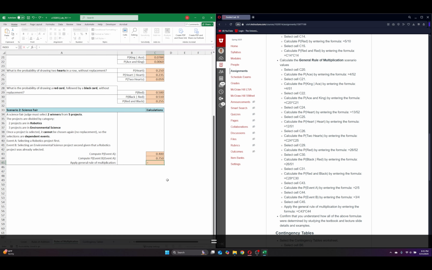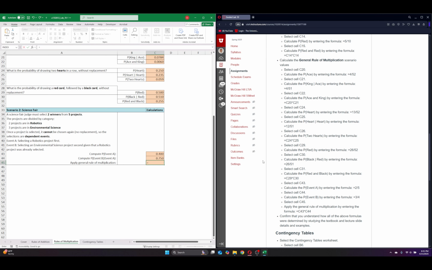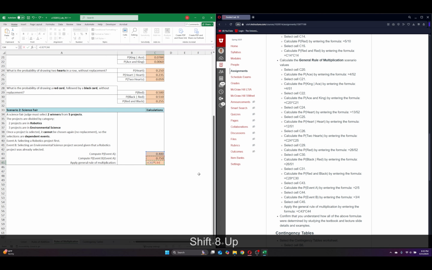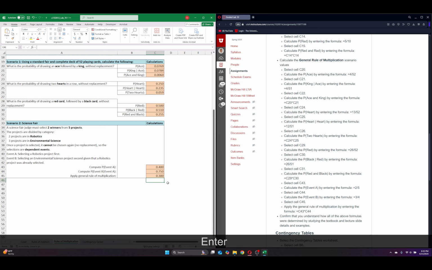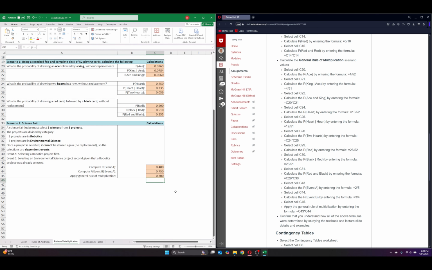Now, applying both of these, we multiply 2/5 times 3/4 for our probability of 0.3.